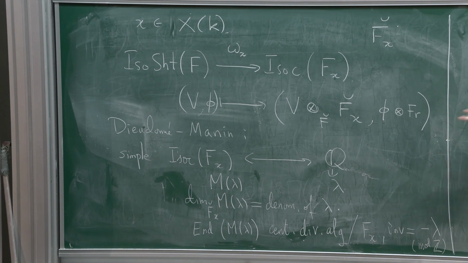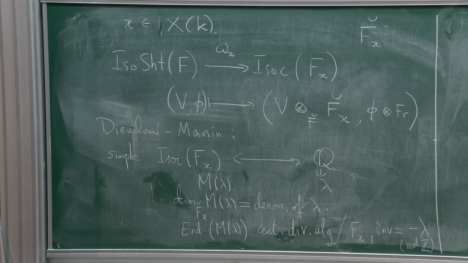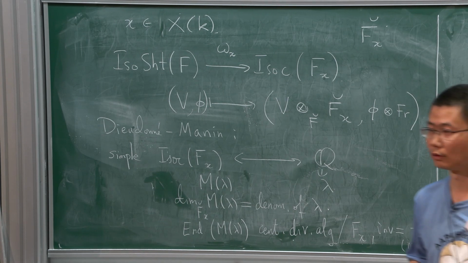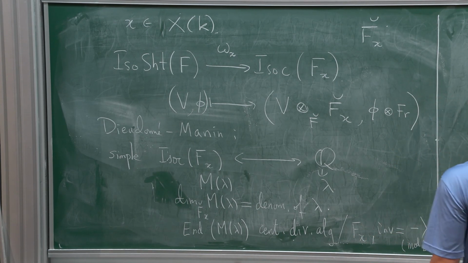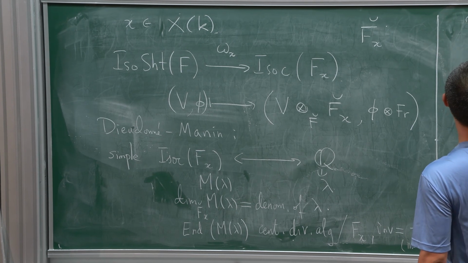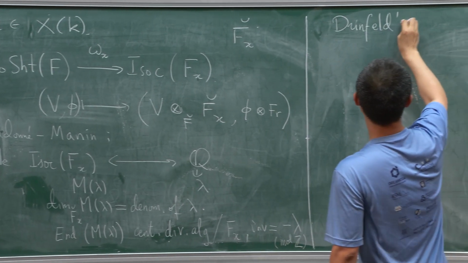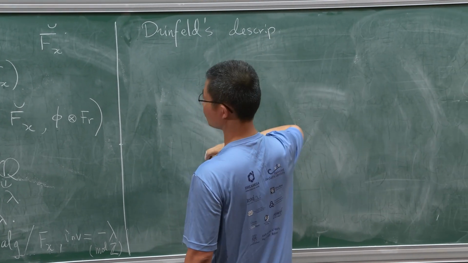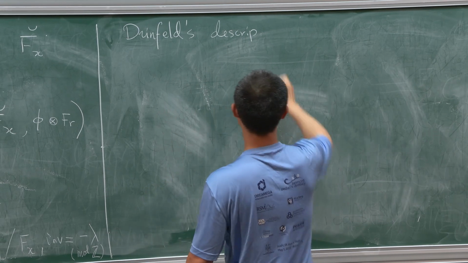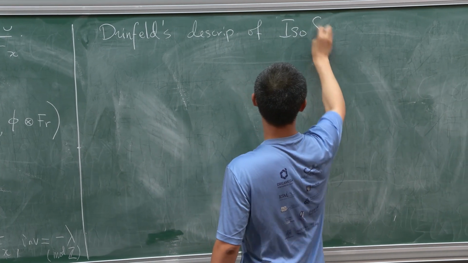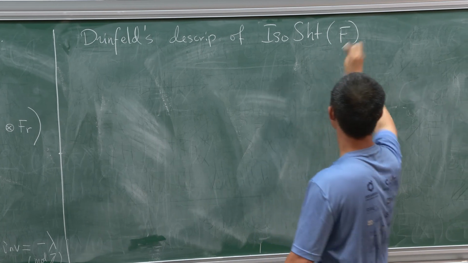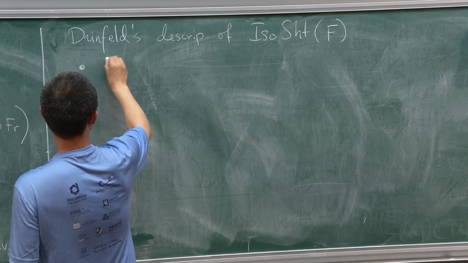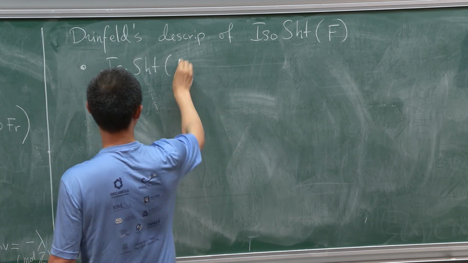So there's a completely parallel story for iso-Shtukas. This is due to Drinfeld's description, parallel to Dieudonné-Manin, of iso-Shtukas over F. So first, this category is semi-simple.